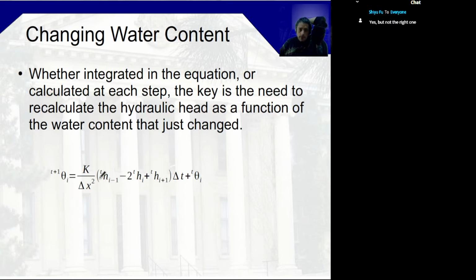But you have to notice that you have a term here that is the previous water content, which affects the following water content. So you now will have an evolution of water content over time. Okay.